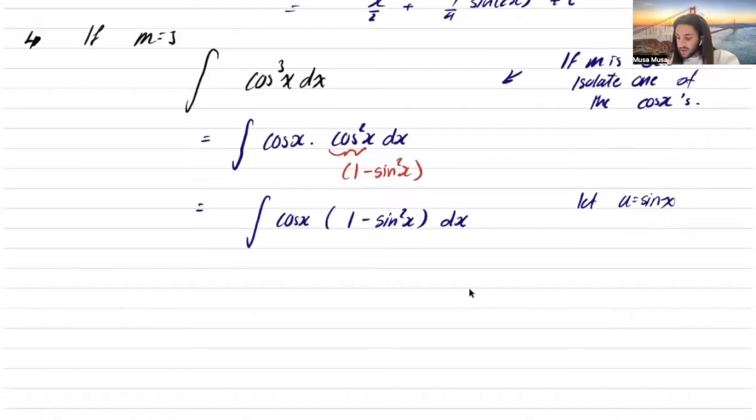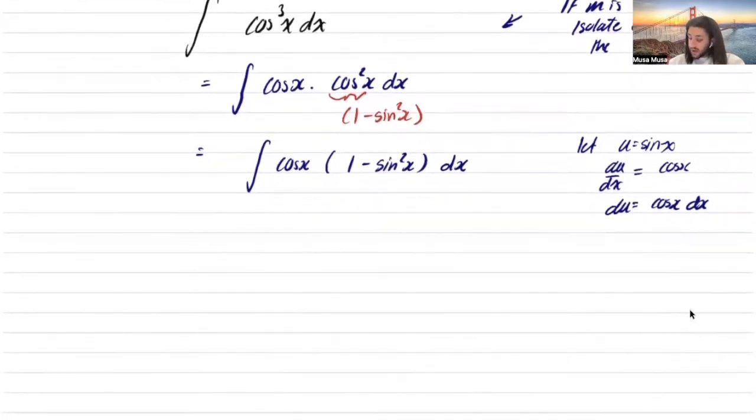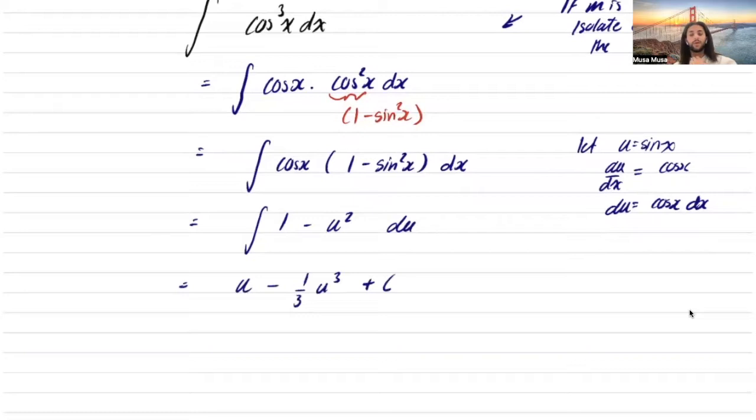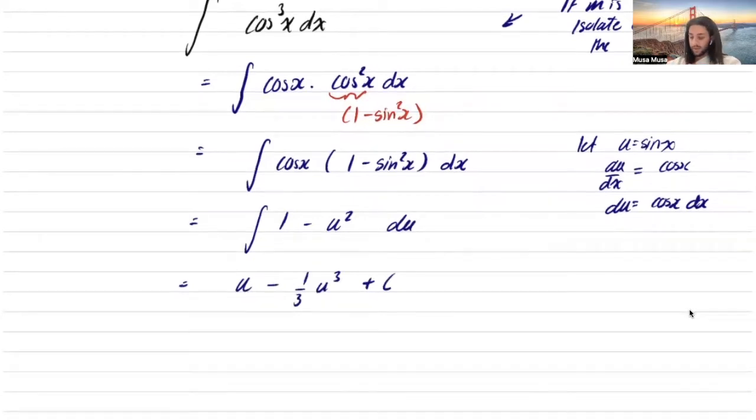So du/dx equals cosine x, which means du equals cosine x dx. Perfect. That means this integral can be rewritten as the integral of 1 minus u squared du. Now this is just a polynomial, isn't it? So this becomes u minus a third of u cubed plus c. Perfect.